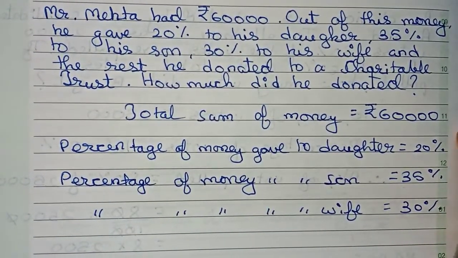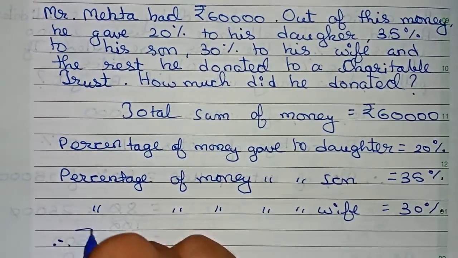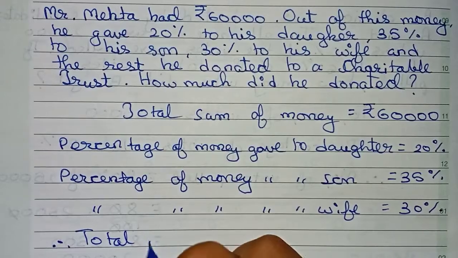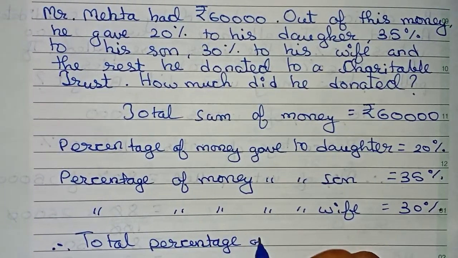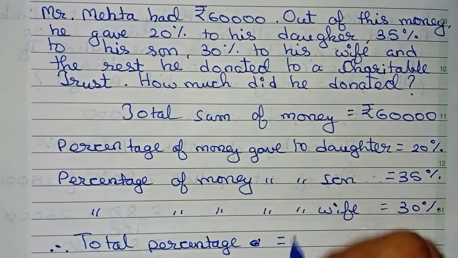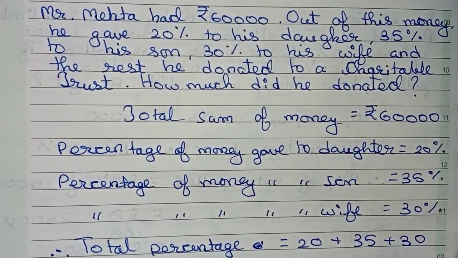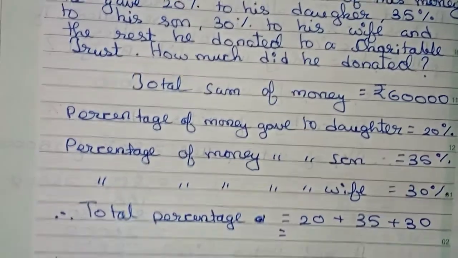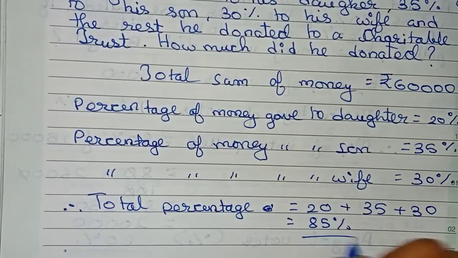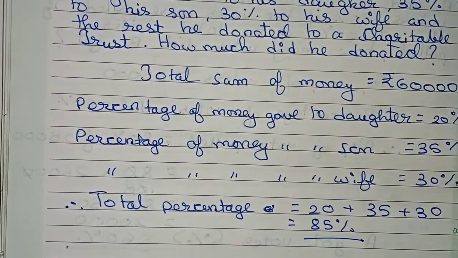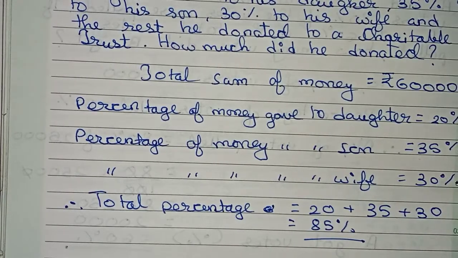Now you will have to add all these three numbers. So the total percentage equals 20 plus 35 plus 30, which becomes 85%. That means 85% of the money he divided among his daughter, his son and his wife.